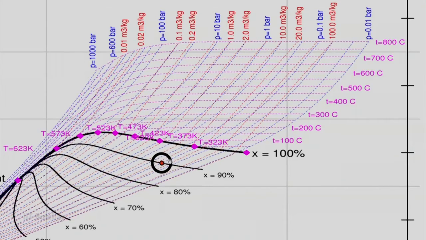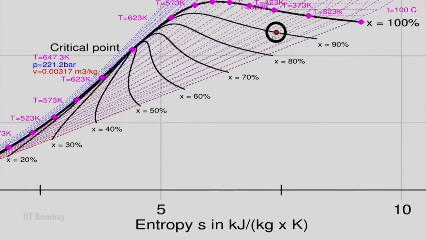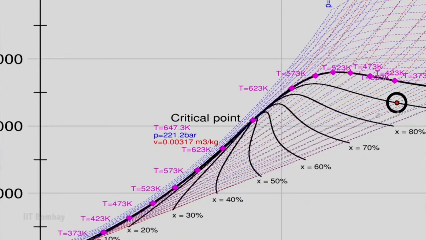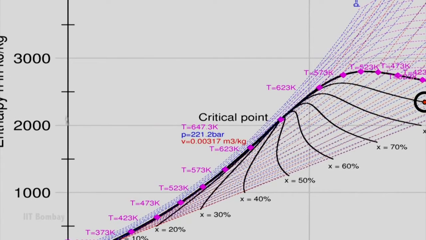Corresponding to that, the pressure is around 0.1 approximately. If I draw verticals, the entropy will be somewhere just less than 7.5, because this is the 7.5 point. And I can also read the enthalpy: if I draw a horizontal, I get a value between 2000 and 2500.